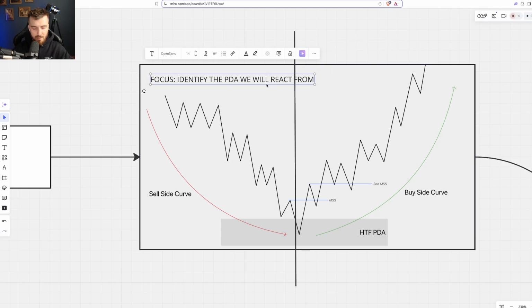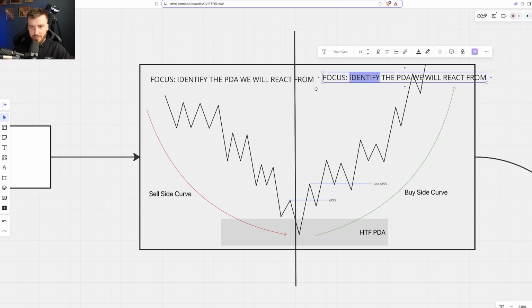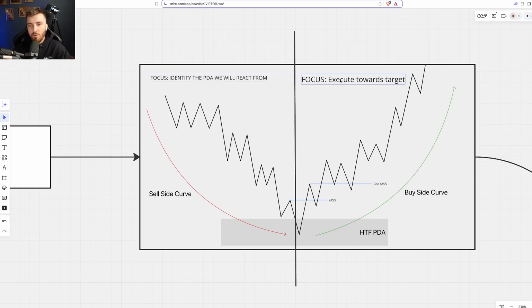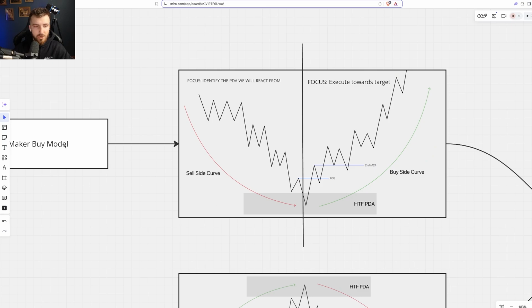And then on this one, the focus is execute towards target. That's all that it is. You will not need much more than this. And this is what our trading is going to be based on.